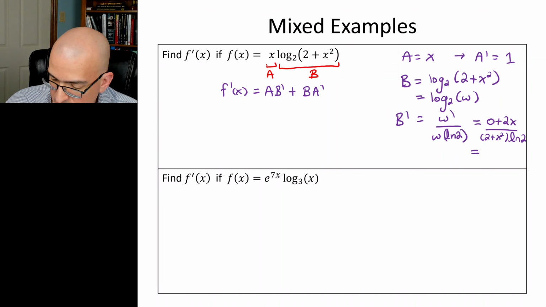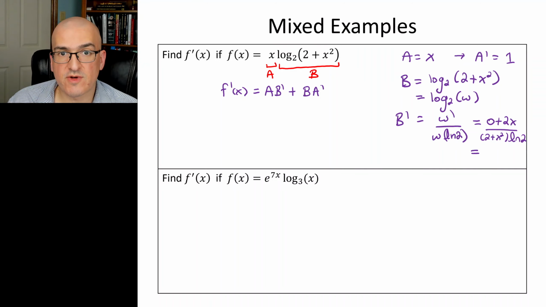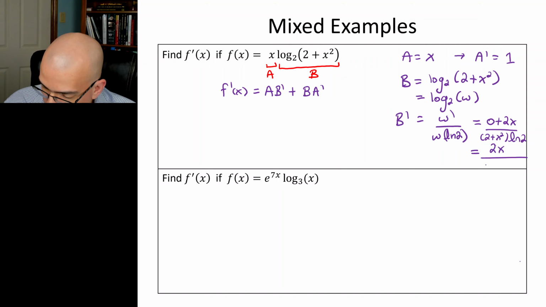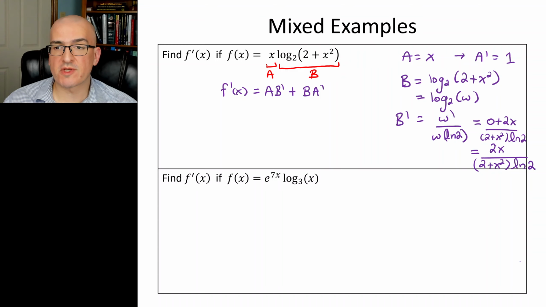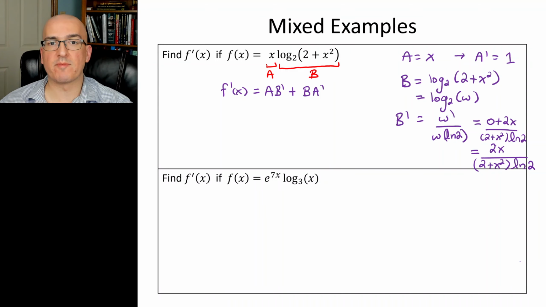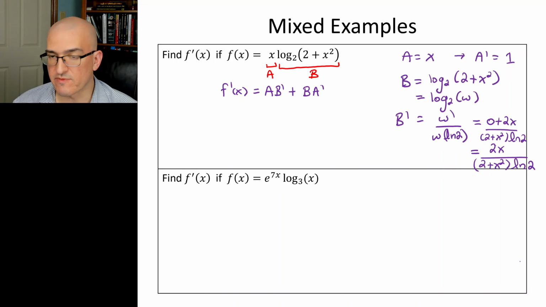And I'll do a light simplification. I'll just drop the addition of 0 there, so 2x over 2 plus x squared ln 2. Now it is important that there's brackets around the 2 plus x squared. Both terms are multiplied by the ln 2 that came out of that derivative.